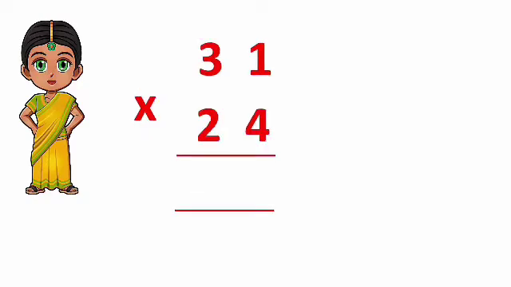First, multiply the ones place 4 with the ones place of 31, that is 1, then multiply 4 with 3. Now the tens place 2 is multiplied with 1 and then 2 is multiplied with 3.